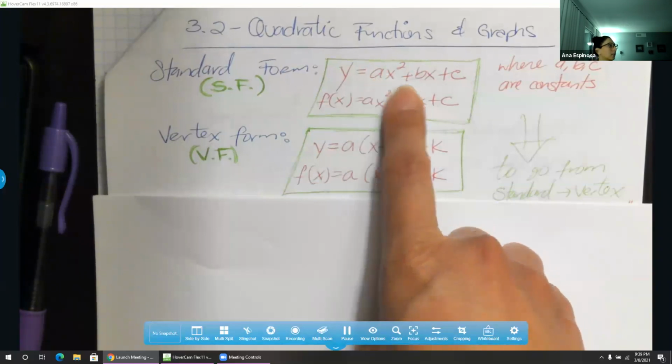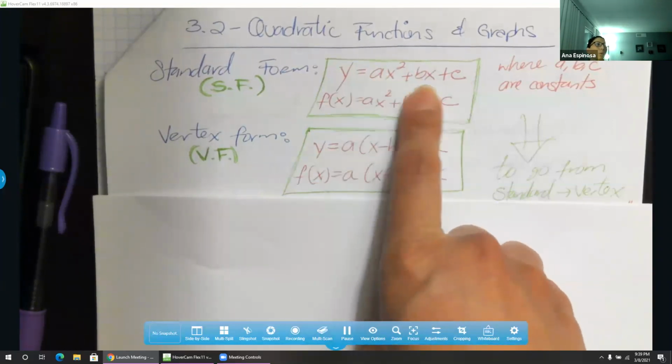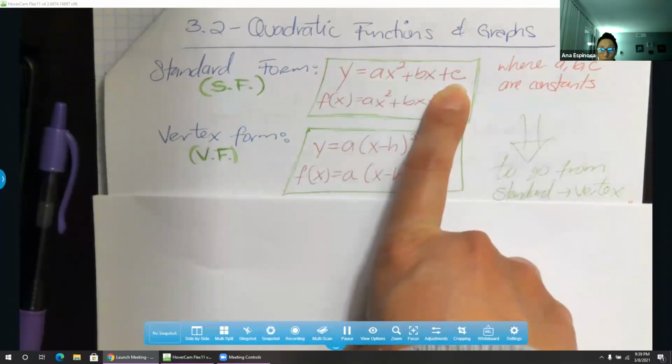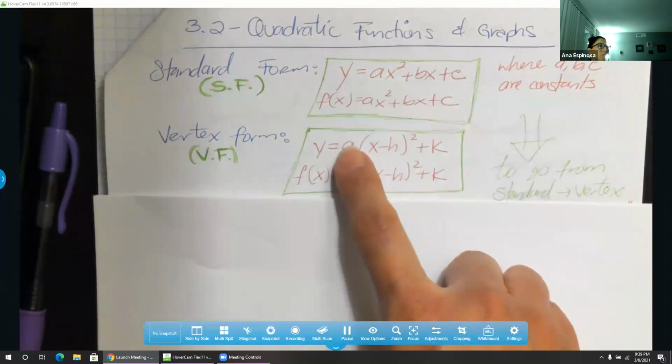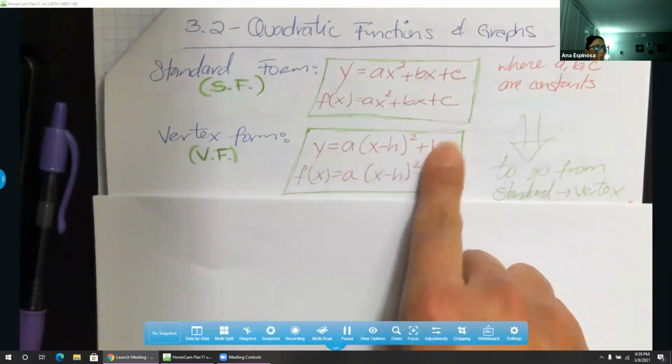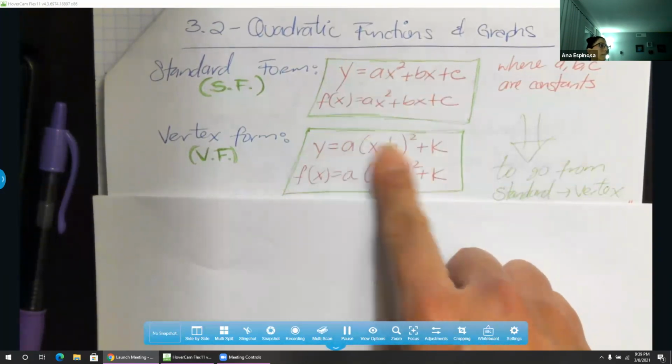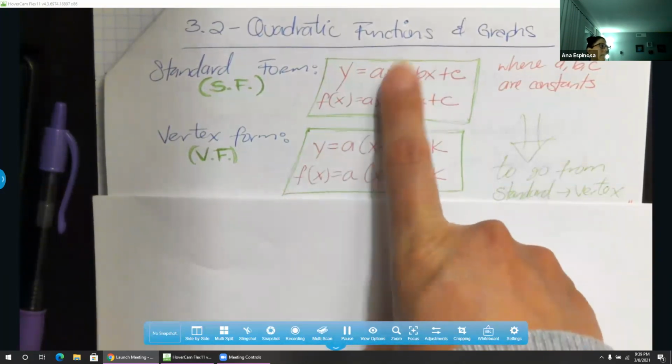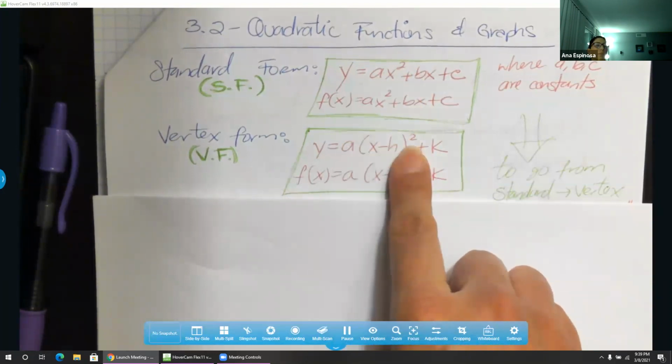Standard form is ax squared plus bx plus c. This is the one that we want to use when using the quadratic formula, because from vertex form you cannot extract your a, b, and c. You have to FOIL this in order to go this way. If you want to put something in vertex form and make it into standard, you have to expand it.